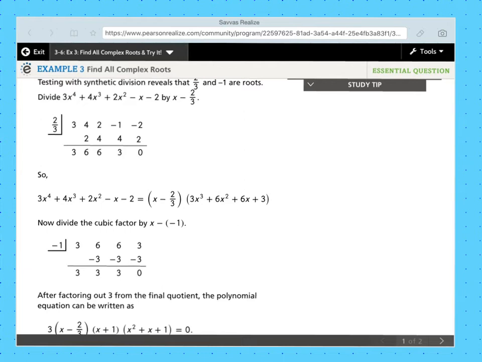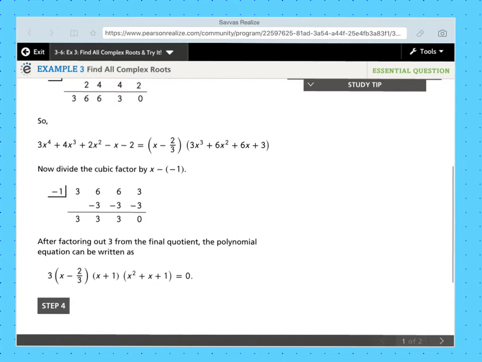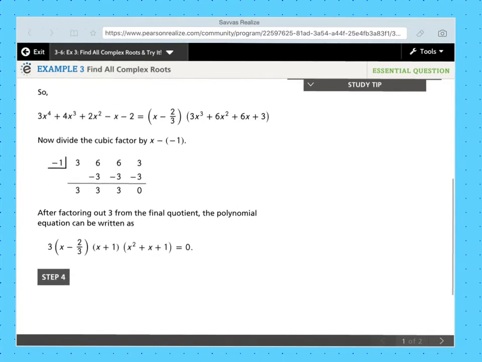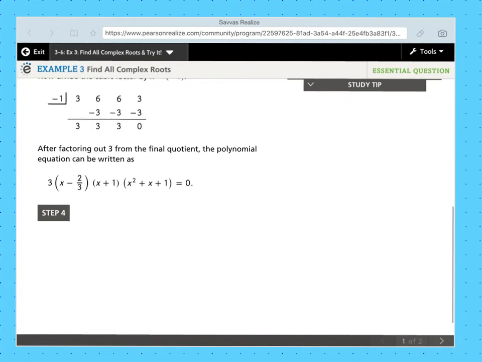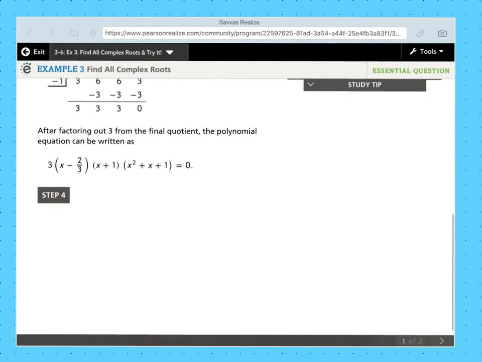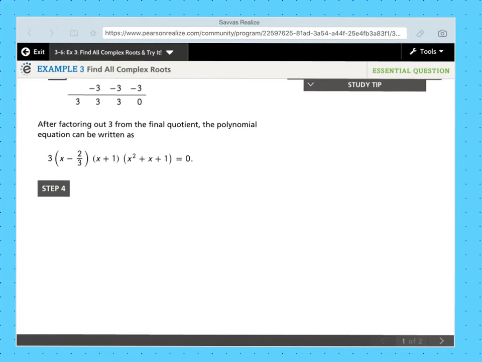Now, remember, once you test out that 2 over 3 and negative 1 are indeed factors, then the quotient gives you the other factors. So you just keep factoring them out like that. And now you're breaking down a pretty long and complex polynomial into 2 binomials as well as a quadratic equation.